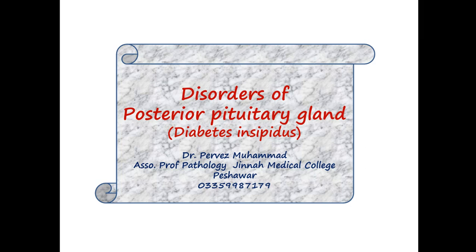But in the case of the posterior pituitary gland, the hormones are actually produced by the hypothalamus. The neurons in the hypothalamus known as the supraoptic nuclei and the paraventricular nuclei, which contain clusters of neurons, produce two major hormones, the antidiuretic hormone and oxytocin.